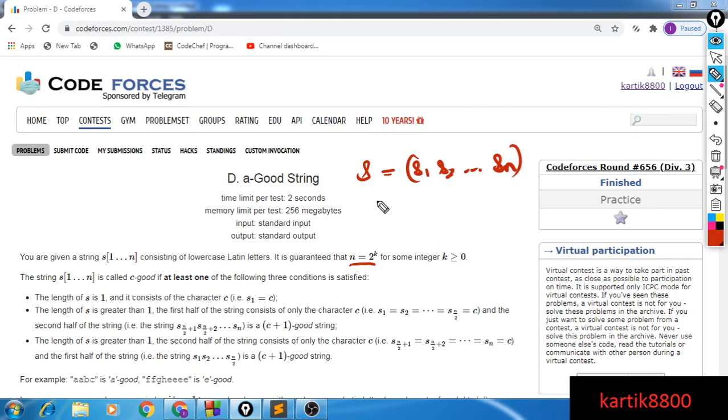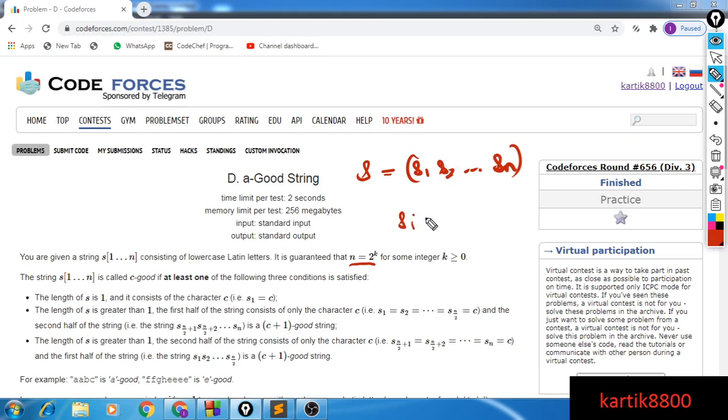We would like to find out the minimum cost to convert this string S into a good string. Let's see what a good string means and also the operations that we can do. The operation is that we can choose any ith character of the string and change it to any other character we want.